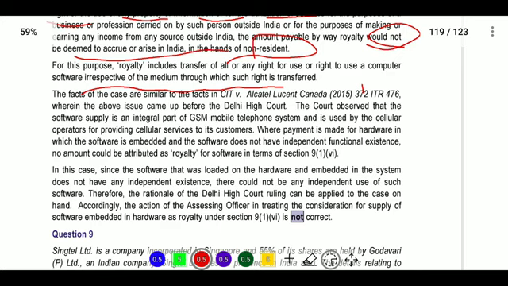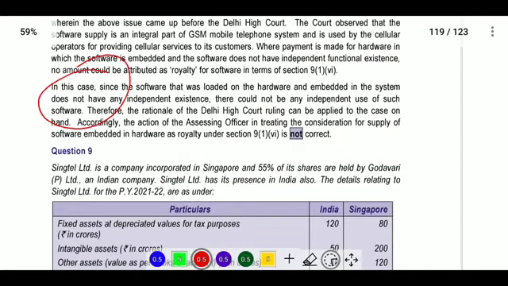No amount could be attributed as royalty for software in terms of section 9(1). Next, in this case, since the software that was loaded on the hardware and embedded in the system does not have any independent existence, there could not be any independent use of such software.